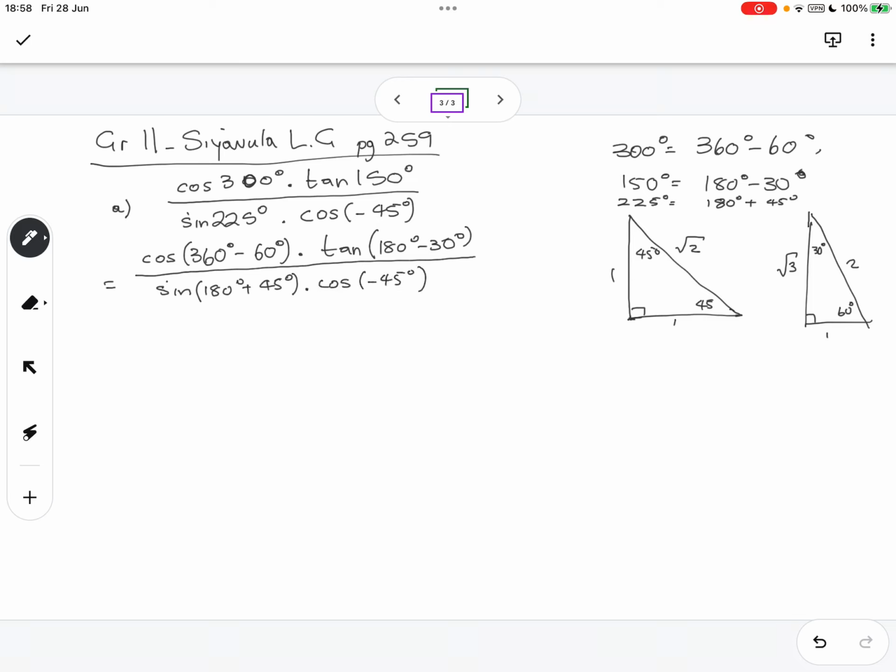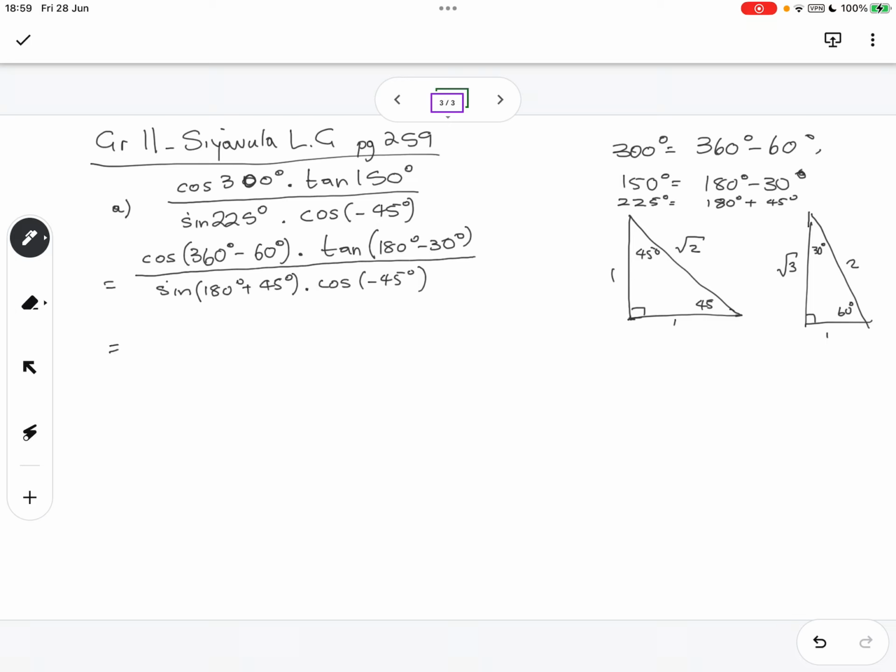Now I didn't change the negative 45 degrees, because it's a negative angle, and negative angles, if it's less than negative 90 degrees, then it's in the fourth quadrant. So it being in the fourth quadrant, we know it will make cos positive anyway.